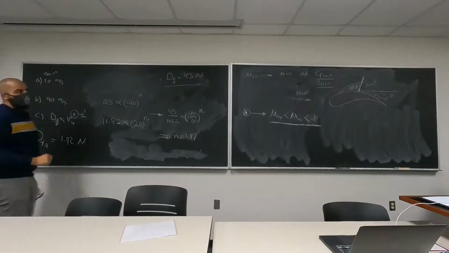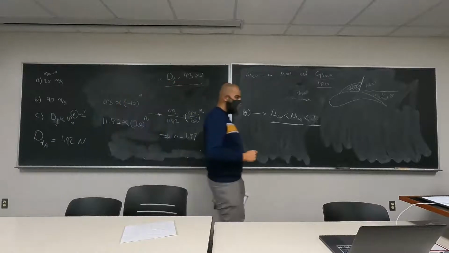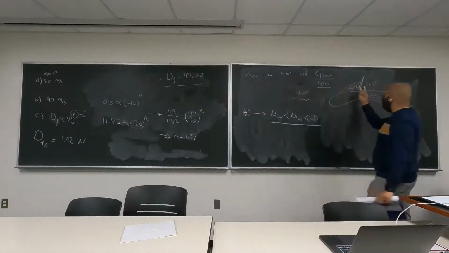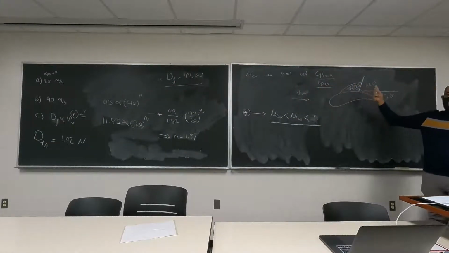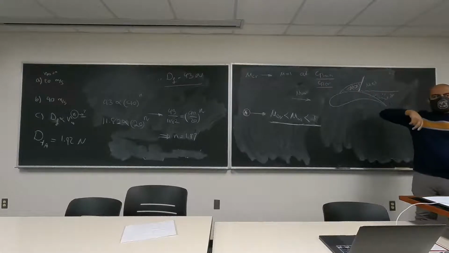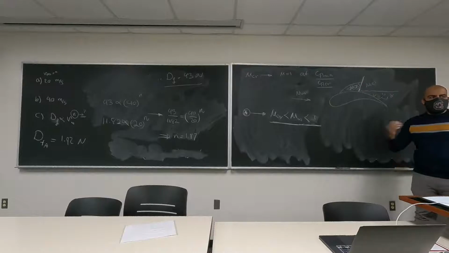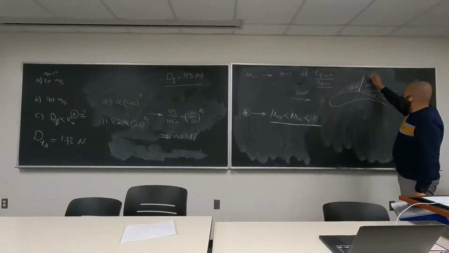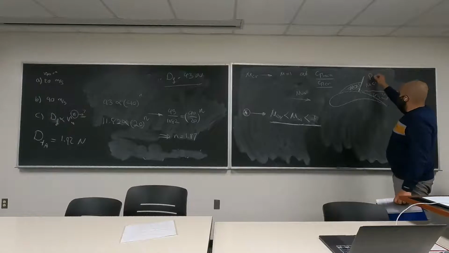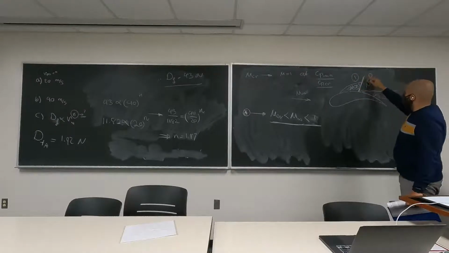Well, what is the difference in flow properties before and after the shock wave, right? Your velocity is going to decrease. What is going to happen to pressure? Increase, right? That's what happens after the shock wave. So let's call this region 1, region 2.